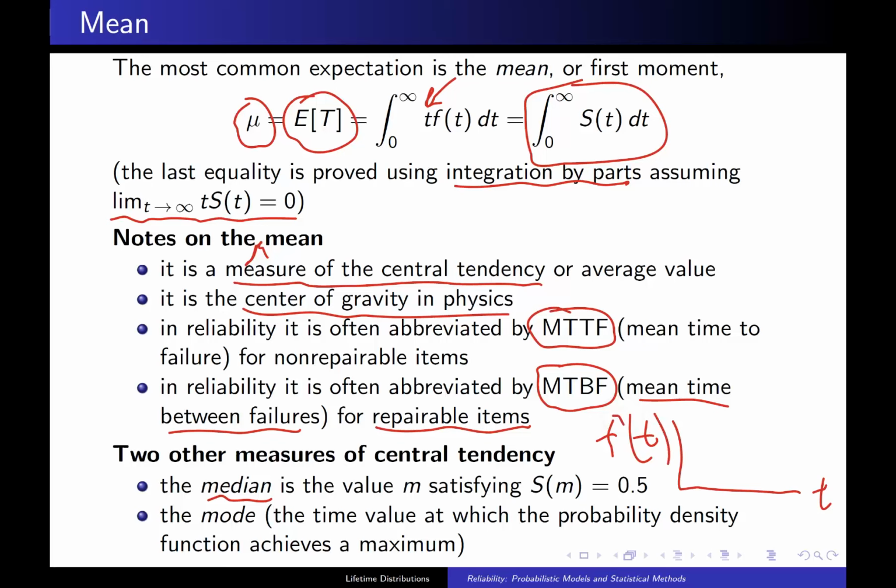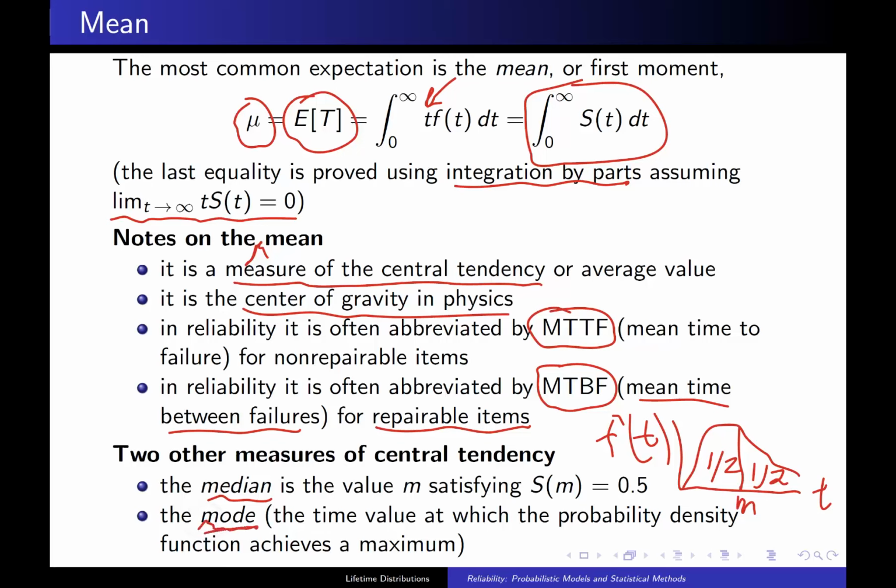If this is a picture of the probability density function, the median value, which is m, is that value so that there is an area of 1/2 to the left of m underneath the probability density function, and an area of 1/2 to the right underneath the probability density function.